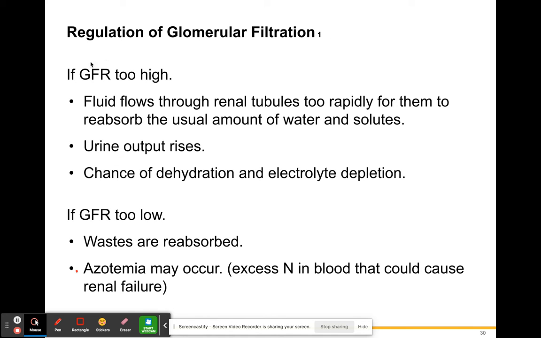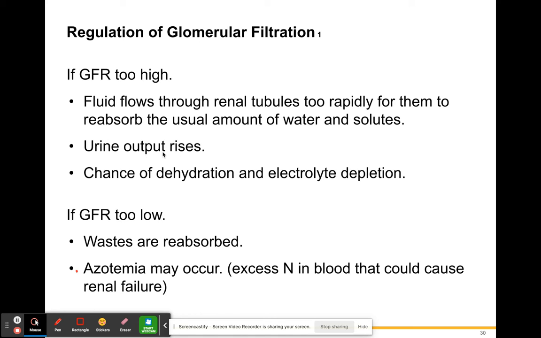Okay. GFR refers to glomerular filtration rate, right? So how fast your glomerulus filters things. If the GFR is too high, if that rate of filtration is too high, fluid will flow through the renal tubules too rapidly for them to reabsorb, and you will basically get more urine output.